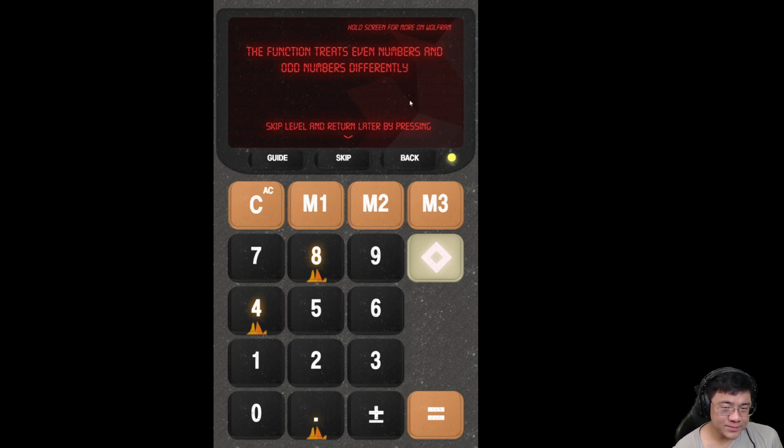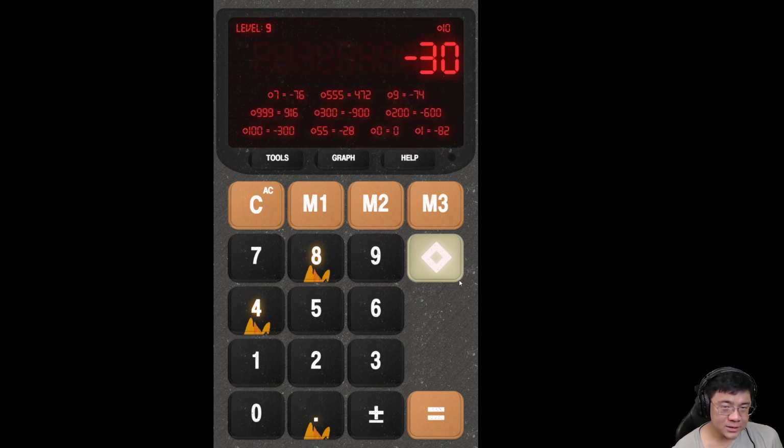Okay, sure. Odds and evens are different. I guess try 20. So if it's an even number, what's going on? If you have 200, it'll probably be negative 600, right? Yeah, it is negative 600.